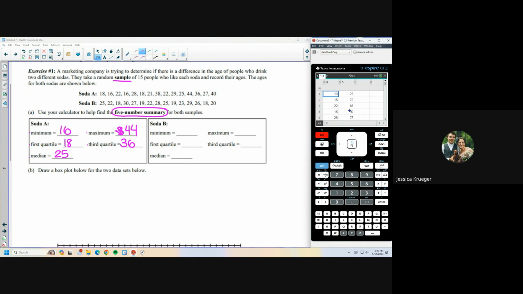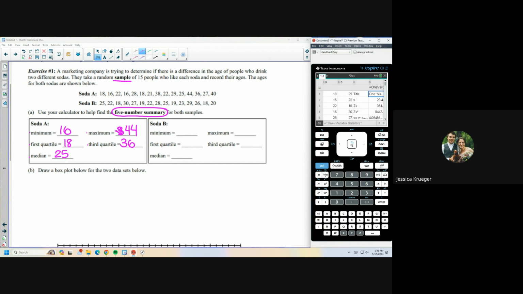escape to undo that. And now I'm going to do the same thing for column B. So I'm going to go menu, and hopefully this goes a little smoother this time. Stats, stat calculations, one variable statistics, one column. The X list I want to choose is actually B. And then where do I want the results to go? I would like them to go into C. So I'll click OK.